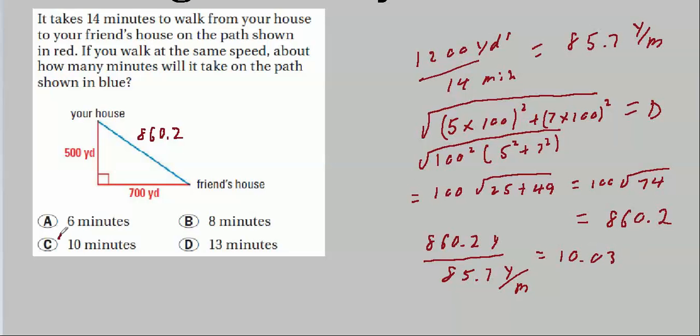Probably not enough to worry about. So your answer would be C, which is 10 minutes. And if you notice, what you had to do was first figure out your speed. Then figure out the distance you were going to cover. Then divide the distance by the speed and get the time it will take you to cover that distance.